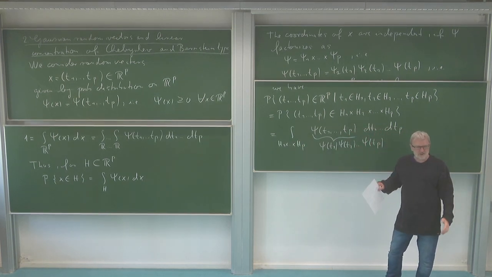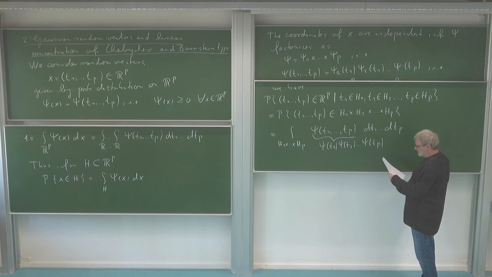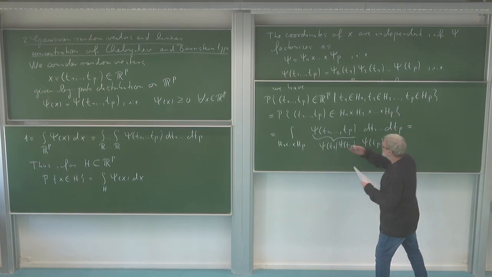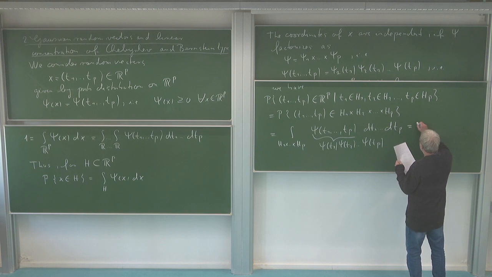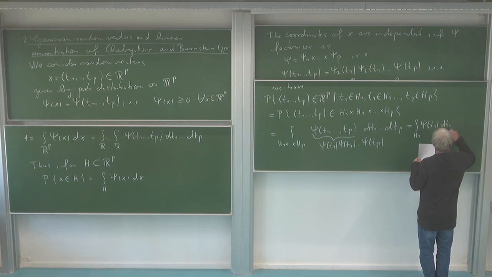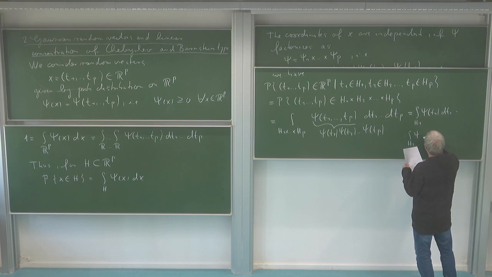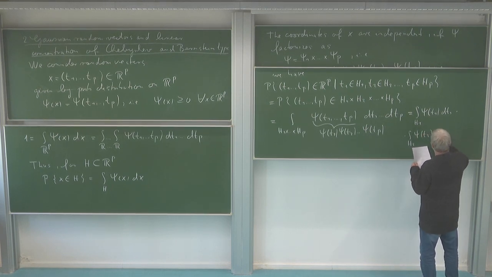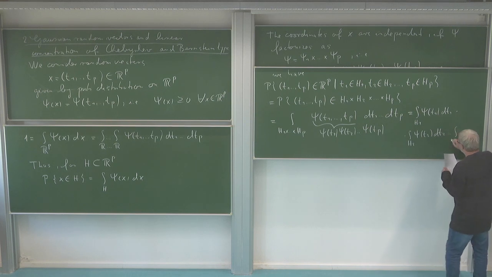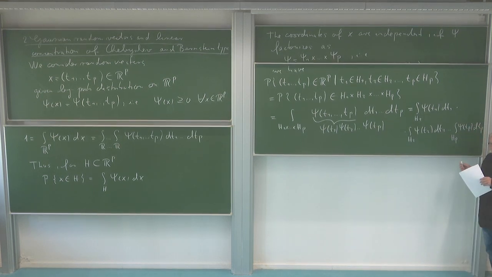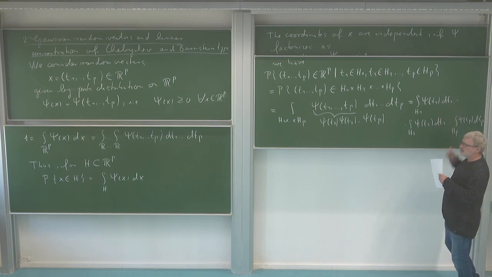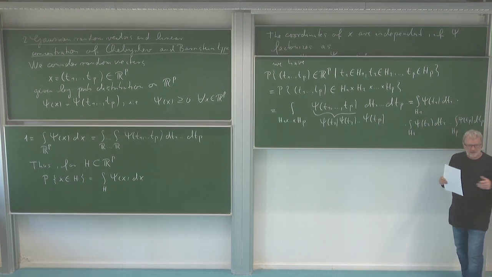And then the whole thing factorizes into the product of the corresponding integrals for each of the coordinates. So what I have here is the integral over H1 psi t1 dt1 times the integral over H2 psi t2 dt2 and so on, up to the integral over Hp psi tp dtp.